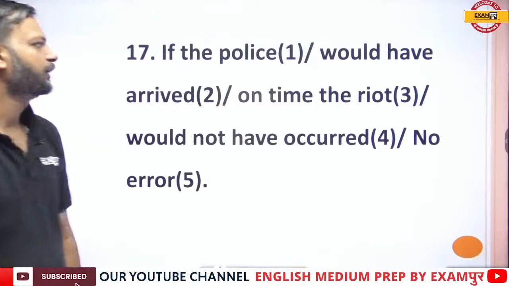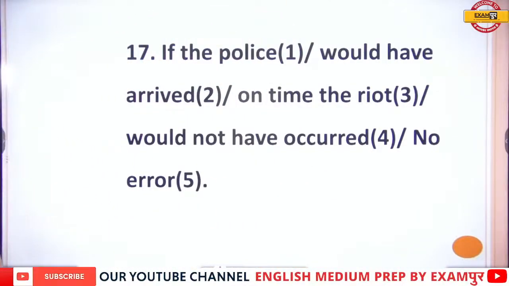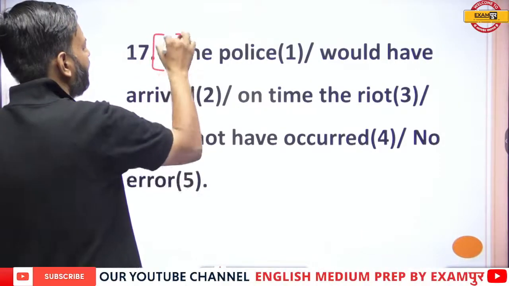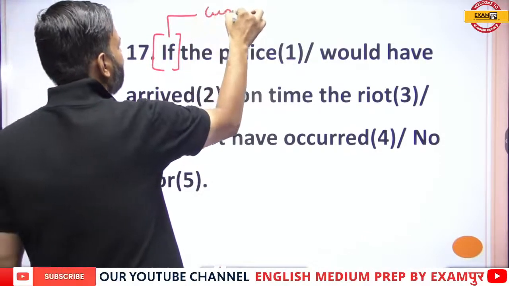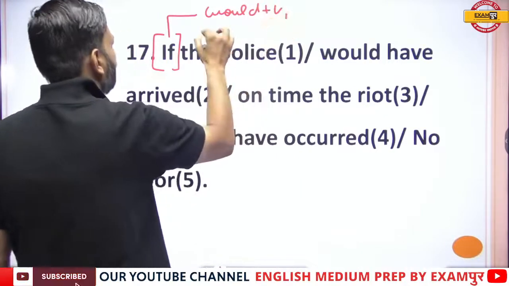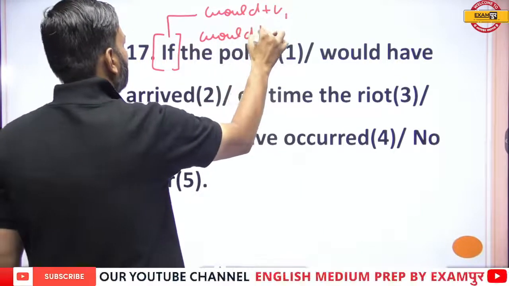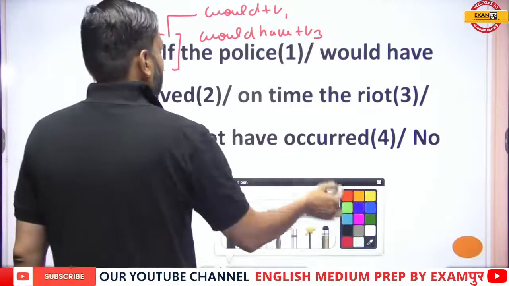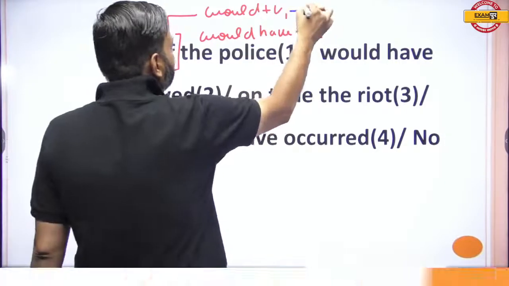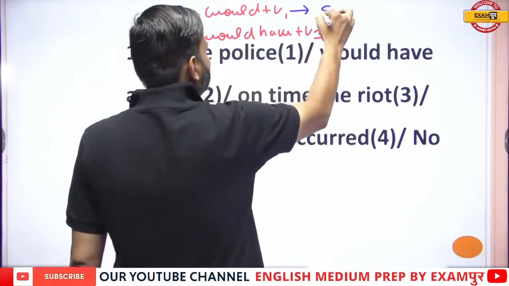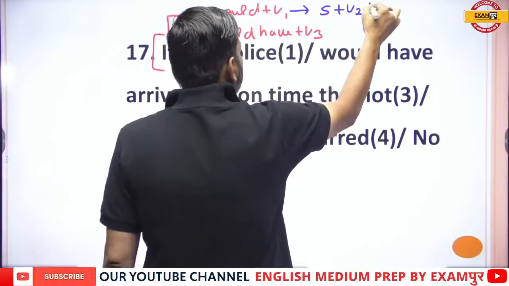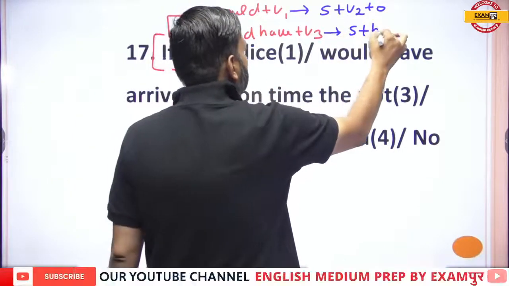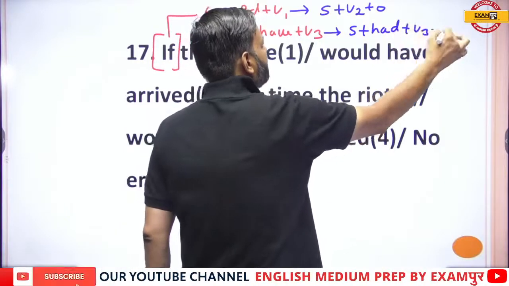Now the next question. If the police would have arrived on time, so again this is an if clause, and if clause is never followed by would plus first form or would have plus third form. If there is would plus first form in if clause, we have to change it into past indefinite, and if there is would have plus third form, we have to change it into past perfect tense.